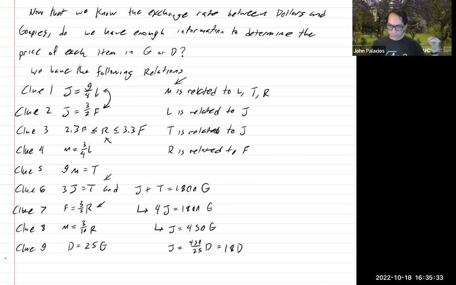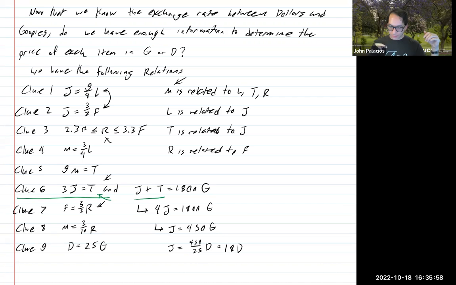Fortunately, clue number 6 told us that the price of a jacket and a tank is 1,800 goopies. We can use the relationship that we found, that the price of a tank is equal to the price of 3 jackets, to substitute in and eliminate one of the variables.